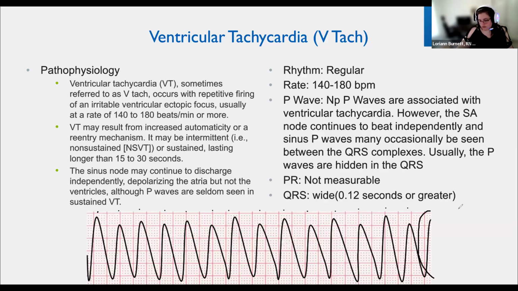I'm not going to count this one because it's not all there. So I got 14, which is 140. So VTach is usually going to be anywhere from 140 to 180. But for your testing purposes, if it's over 100, it's fast.